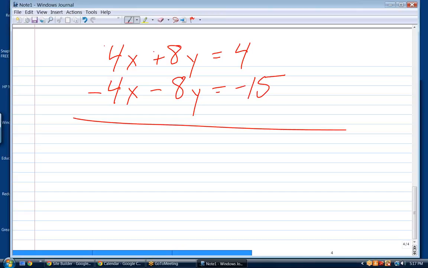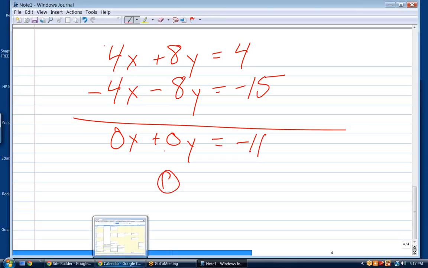No. 4x plus a minus 4x is 0x. Okay, 0x plus 0y equals negative 11. Well, 0x plus 0y is just 0. Because anytime you multiply anything by 0, you get 0. So we get 0 equals minus 11.